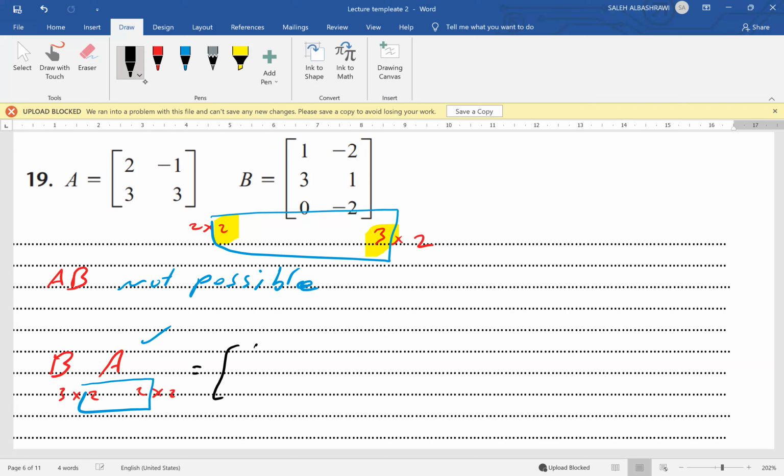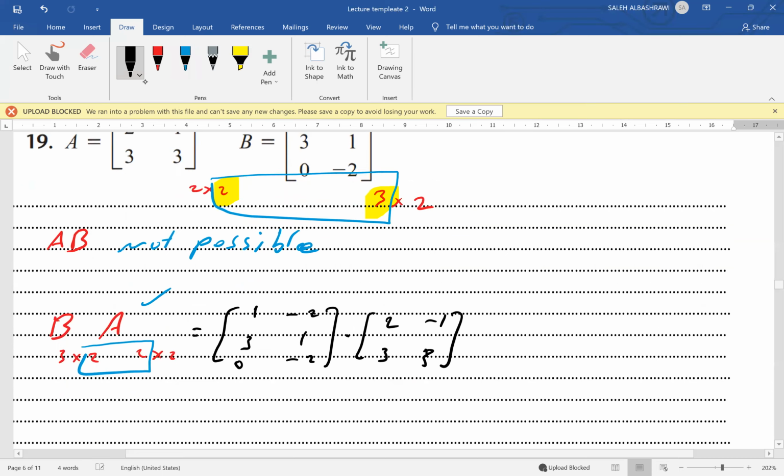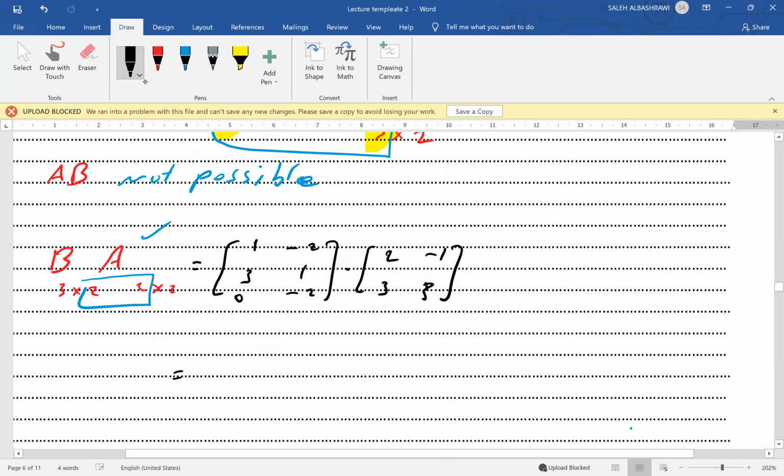B is given by 1, 3, 0, -2, 1, times the matrix A, which is 2, 3, -1, and 3. This is equal to, first row, first column first. So from the first row, it is 2 minus 6.